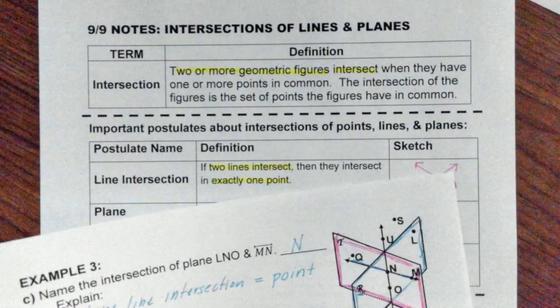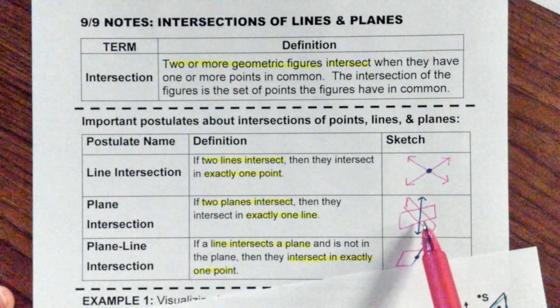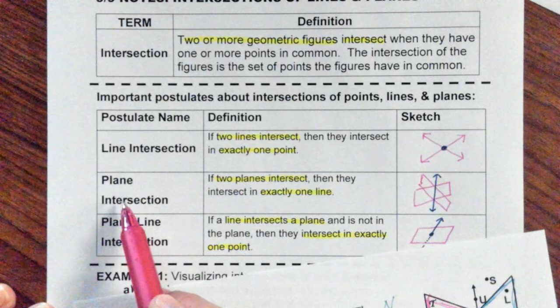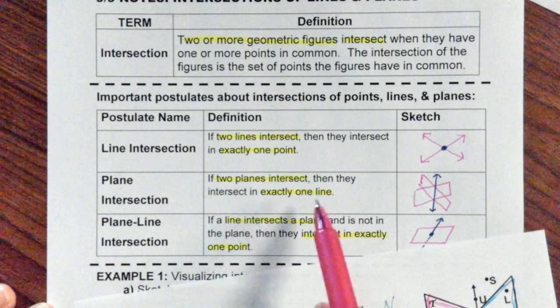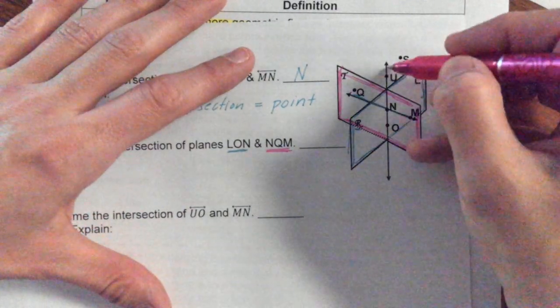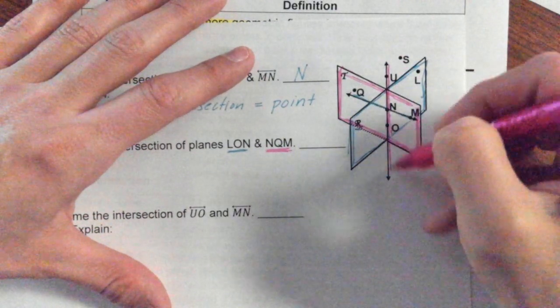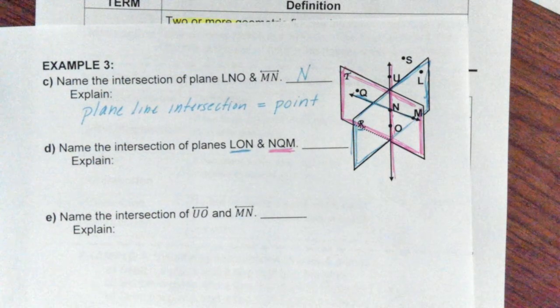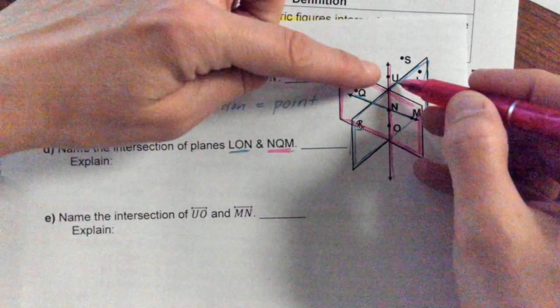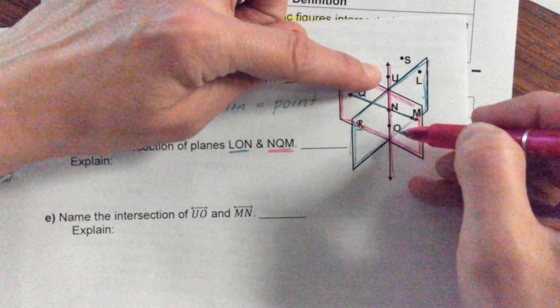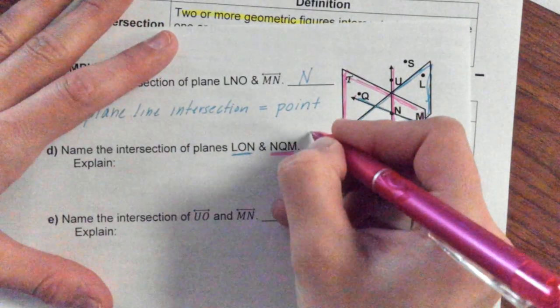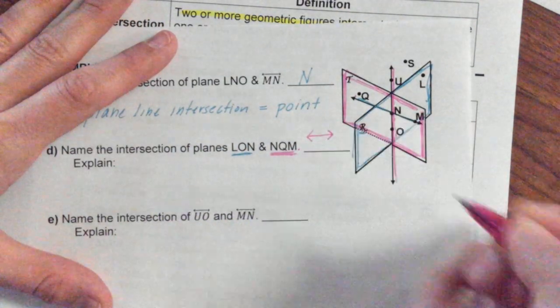We go back over here and we see, okay, when we have two planes that intersect, we have our plane intersection. How do they intersect? At exactly one line. So you're right now looking at this line right here. That's going to be the intersection. There are several different ways we can name this: any two of these letters, U, N, and O, but we have to have our line symbol above it.